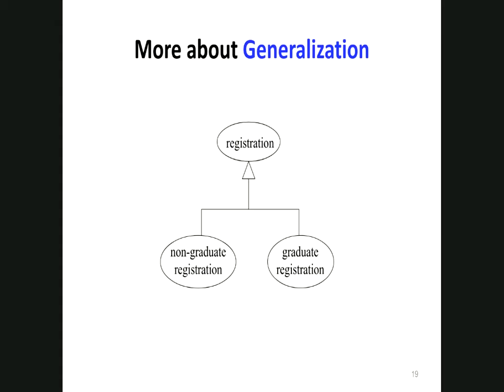In this, you have registration for two types of students. One is graduate and another is master's. So here I have graduate registration, and instead of non-graduate, we'll just put here master, for example, MST. Master's students, they will also do registration. You see, registration is a base, but you have two different derived versions.